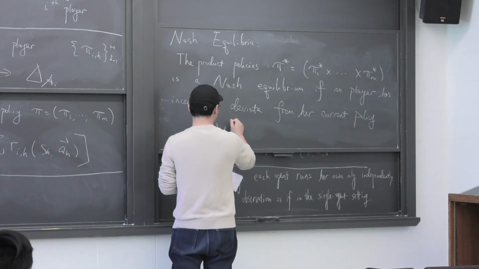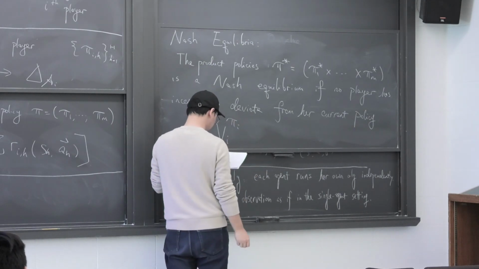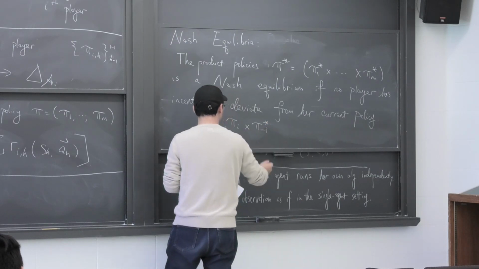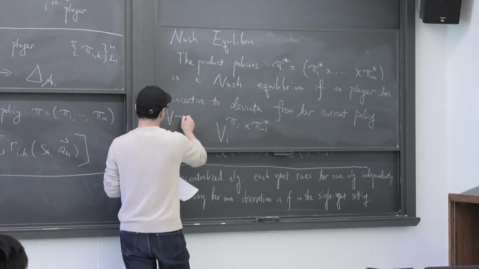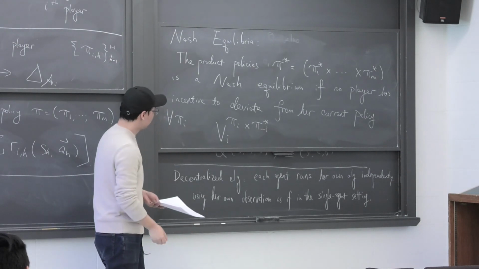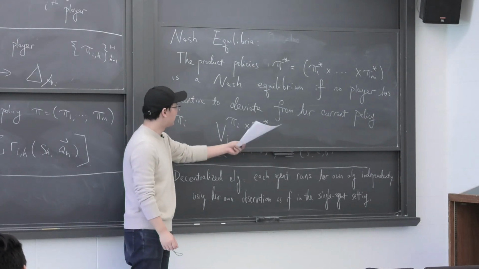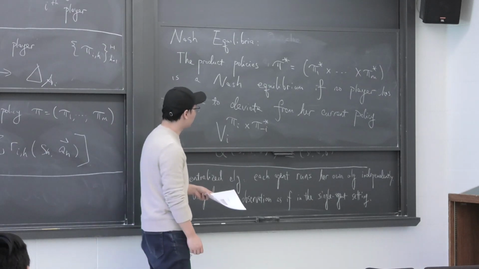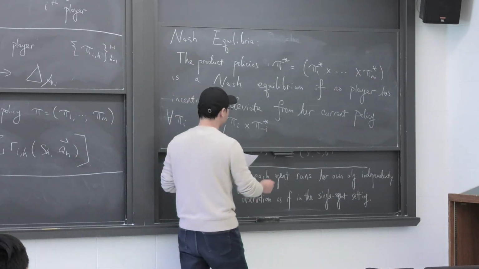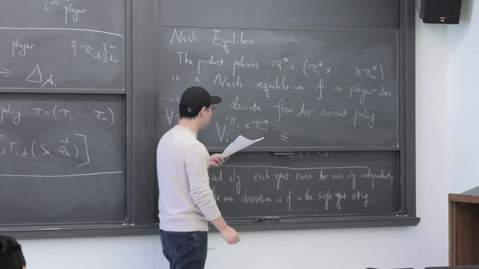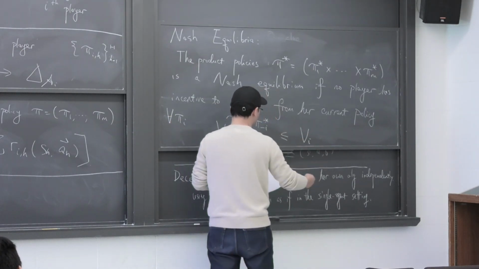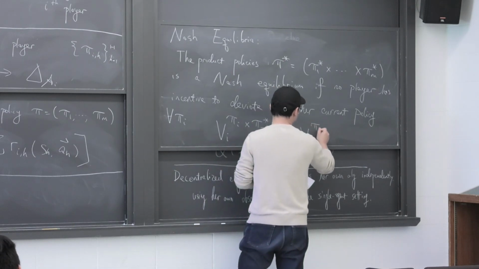If we look at pi_i cross pi_{-i} star, for any pi_i, this is essentially my opponents all still playing the Nash equilibrium while I'm deviating from my policy. So I'm guaranteed I won't gain anything. That is, my value by deviating from my current policy will be smaller or equal to that if I just stick with the Nash equilibrium.